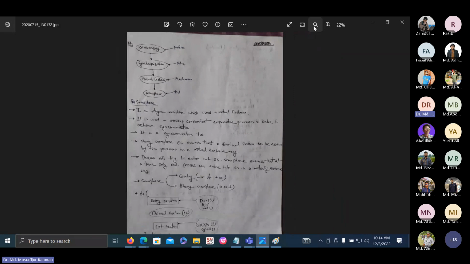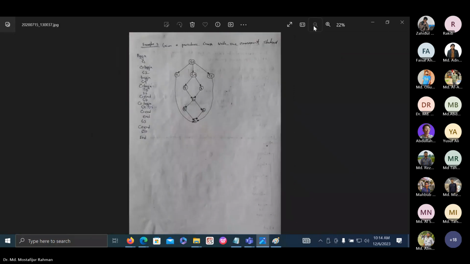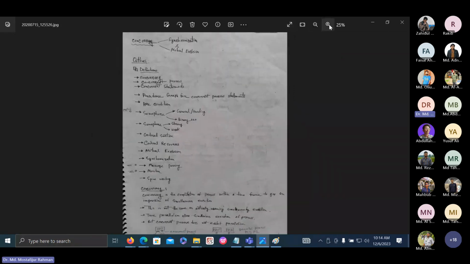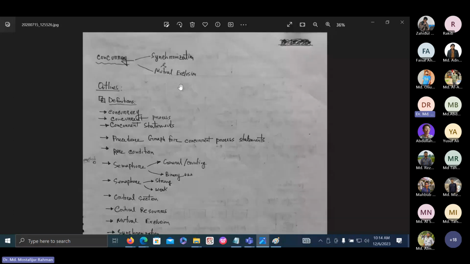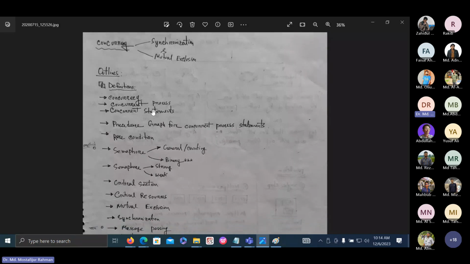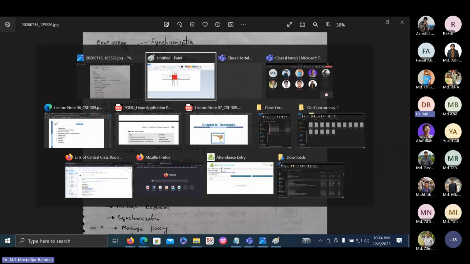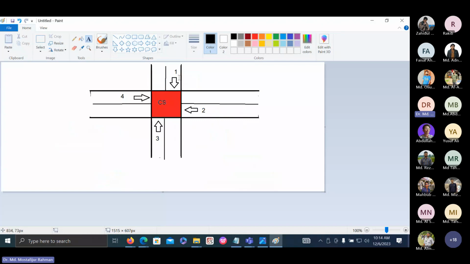Okay, now I go to the first page. So it's clear what synchronization is, what mutual exclusion is, right? Concurrency we just clarified. Concurrent process, we have just seen that. We say these four cars, 1, 2, 3, 4, are ready to access the critical section.